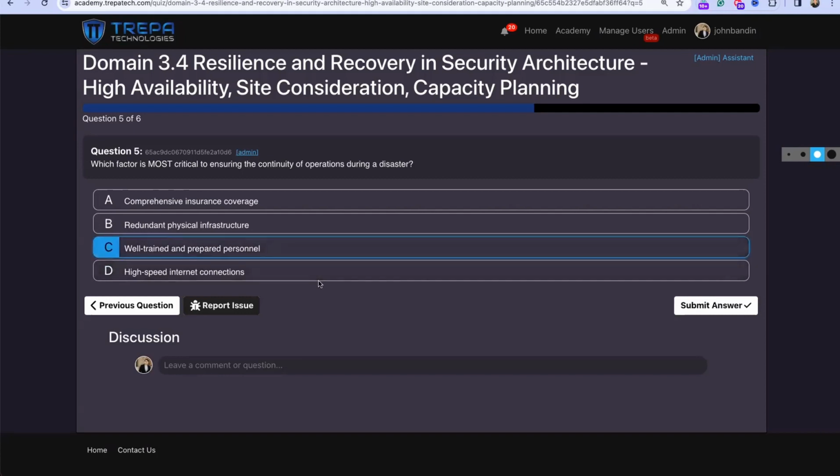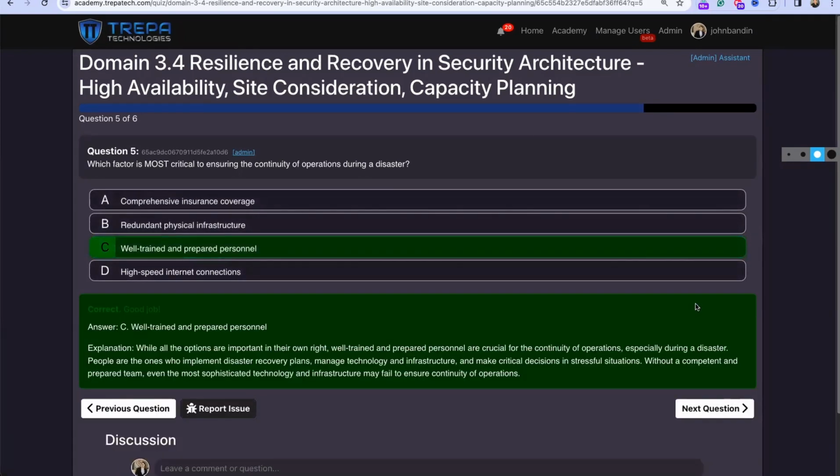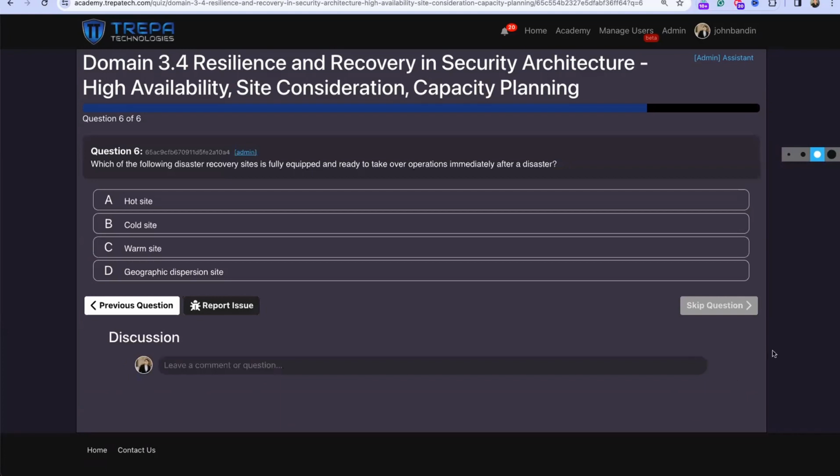So no matter what we do, guys, it always comes down to the human element, right? We can place any technology, any system, we can write any sort of automation scripts we want, but having the stakeholders understand their role is always going to be the most important thing during disaster recovery and our continuity of operations.